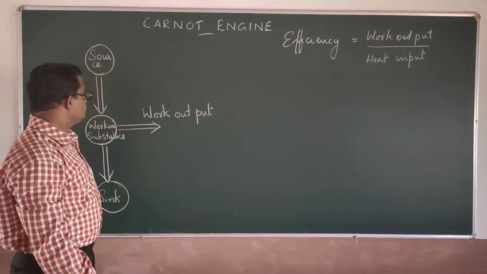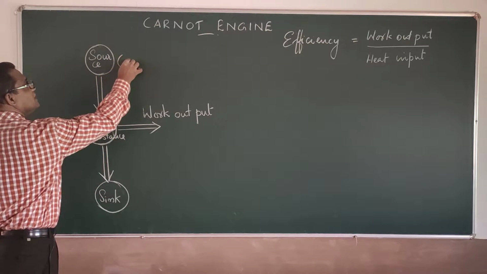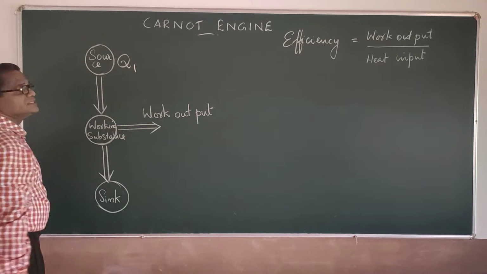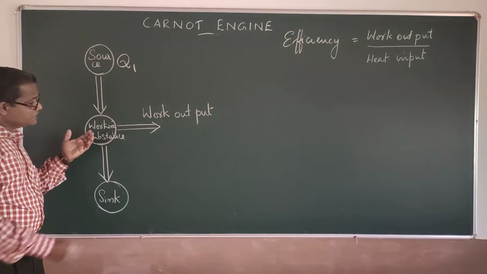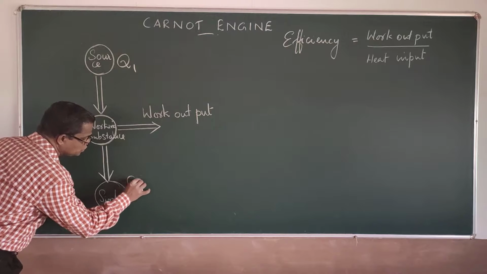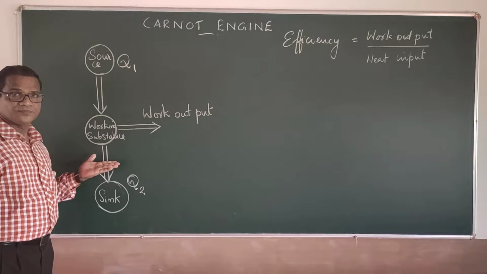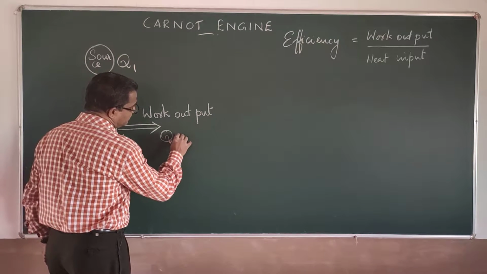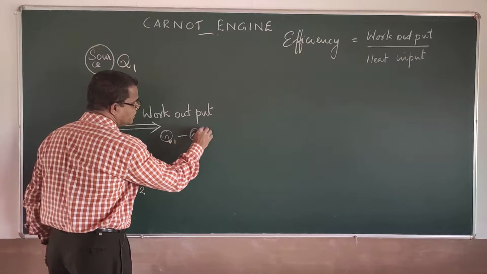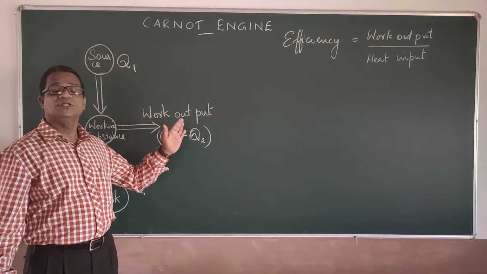To understand that, let us say an amount of energy Q1 is absorbed by the substance and it does work, and let Q2 be the heat energy given to the sink by the working substance. Then Q1 minus Q2 will be the amount of heat energy that may get converted into work.